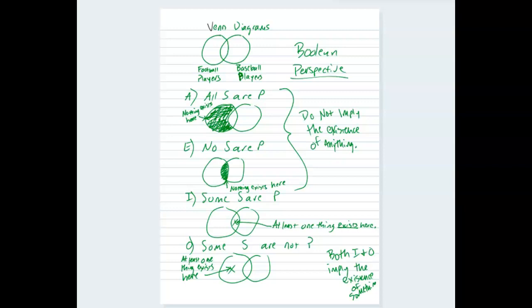If something implies the existence of something else, then that thing has existential import. If it doesn't imply the existence of that thing or anything, then it does not have existential import. So from the Boolean perspective, the A and the E propositions do not have existential import. The I and the O propositions do have existential import. Aristotle and Boole are going to agree about I and O propositions, but they are going to disagree about A and E propositions.